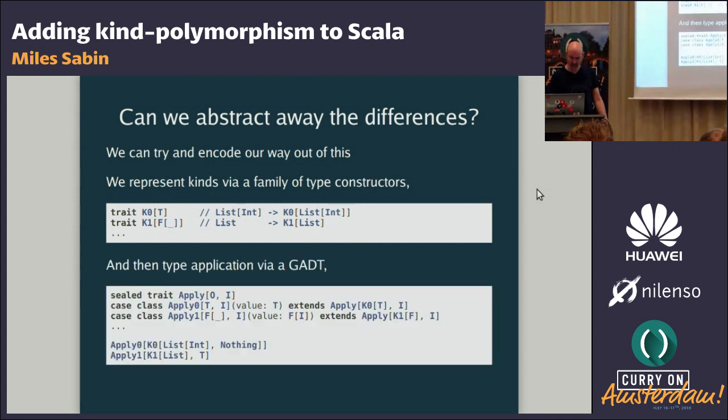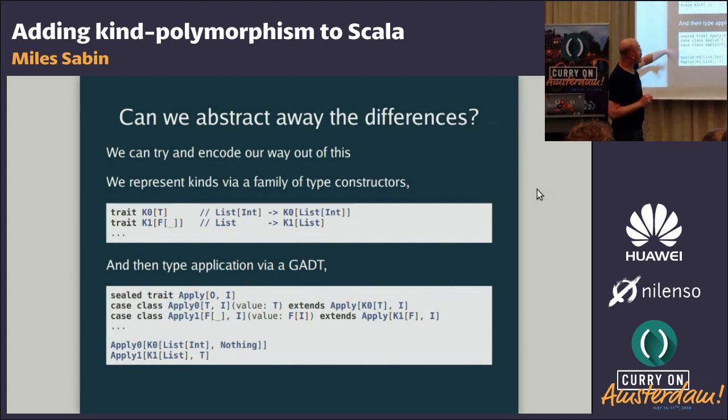Having done that, we would need to then represent the application of such a type to a value via something that can capture the fact that we've embedded these represented kinds.